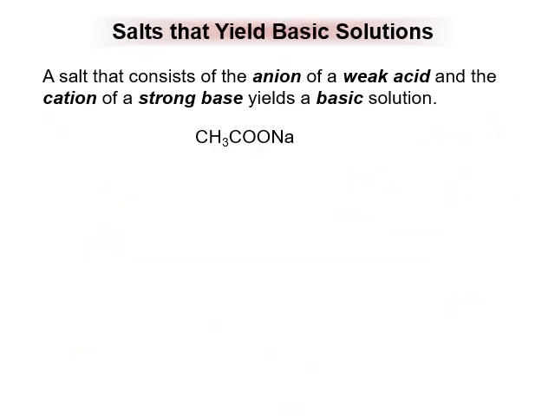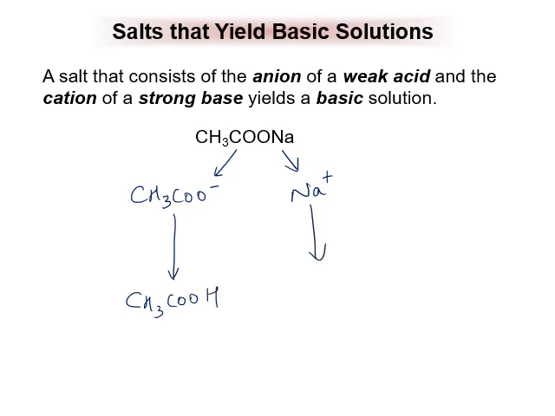Let's take another example. If you have this, again, dissociate into its ions. The anion here is CH3COO minus, the acetate ion, and this is the sodium ion, so sodium acetate. Again, the anion is probably coming from CH3COOH, and the cation, remember, has a positive charge.